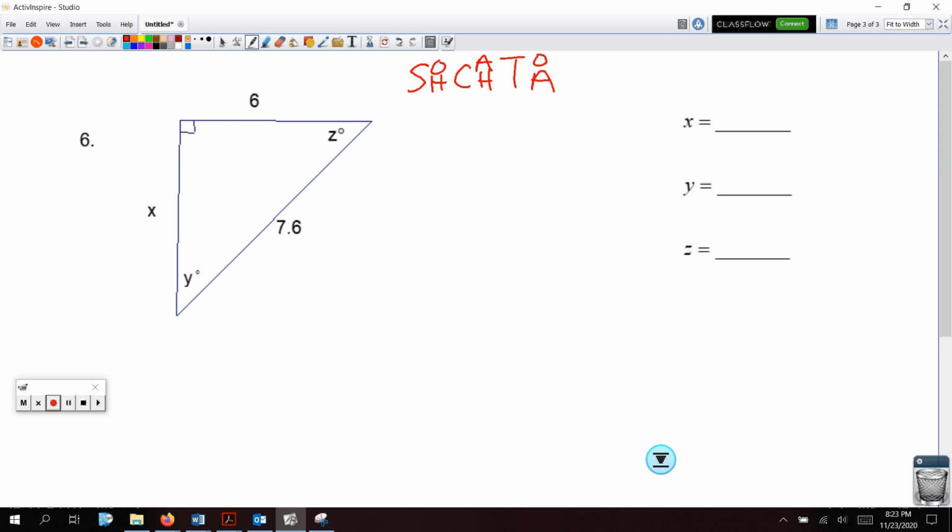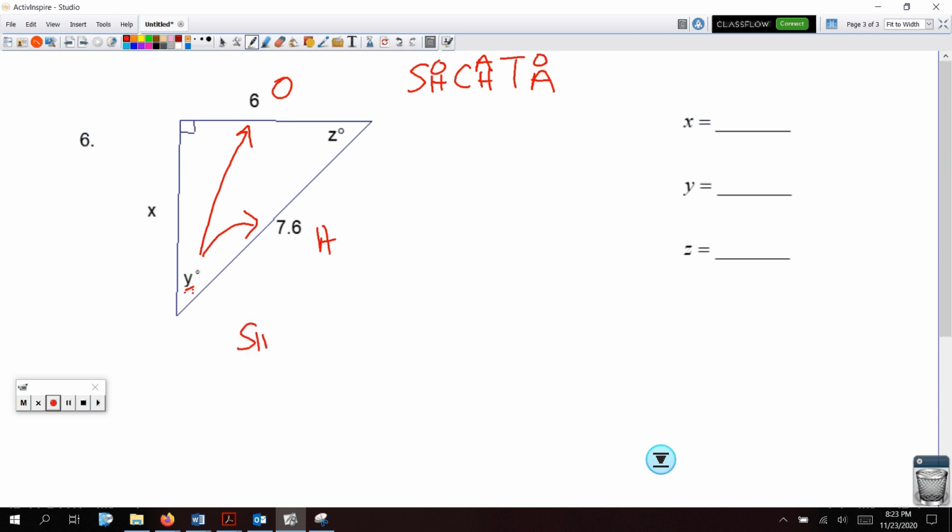So let's try to find y first, okay? I'm looking for y. When I'm looking for an angle, I have to have two given sides. The only given sides are this, which is the opposite, and this one, which is the hypotenuse. Opposite, hypotenuse is sine. I use inverse trig functions for angles inside the triangle.